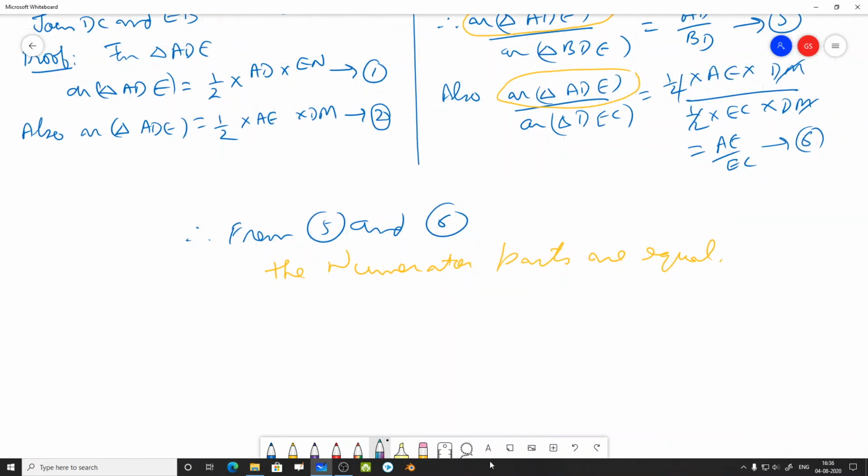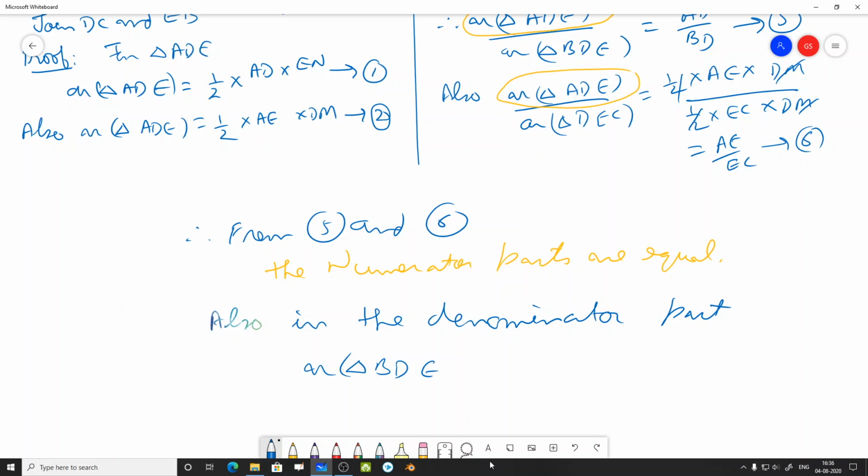Also, in the denominator part, what we can see is that the area of triangle BDE is equal to the area of triangle DEC. Why?